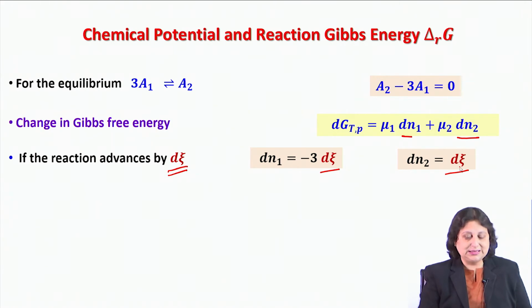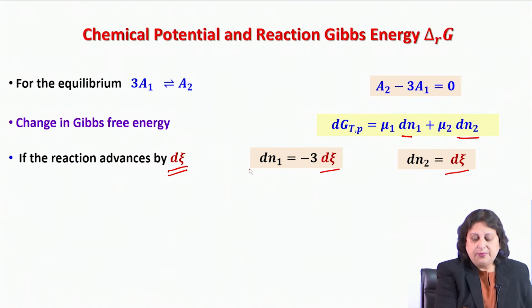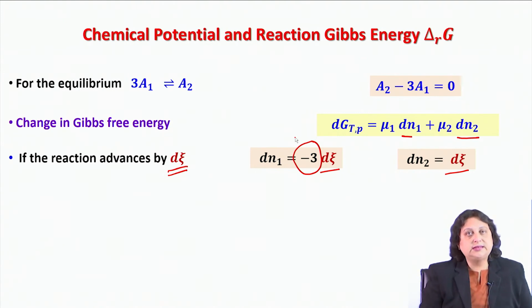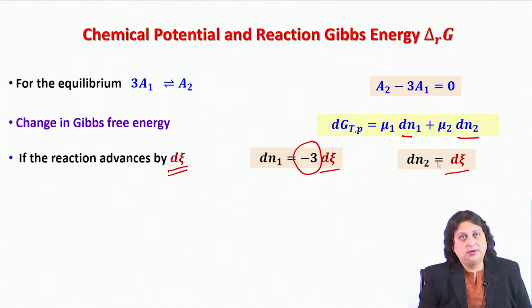But in this case dN1 will depend on this number, so the depletion of the number of moles of A1 by the amount d xi actually will depend on the number of moles present in the system to start with.